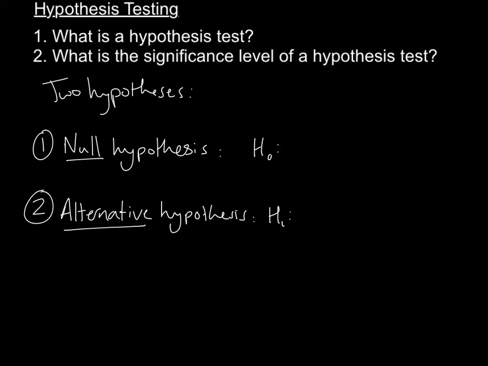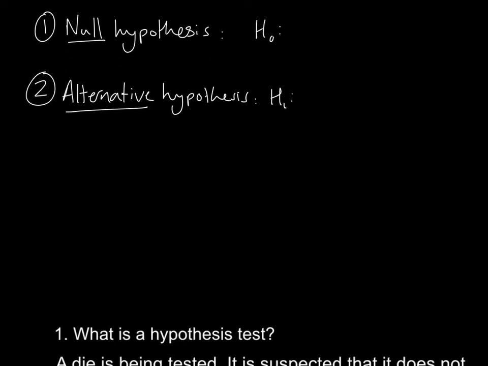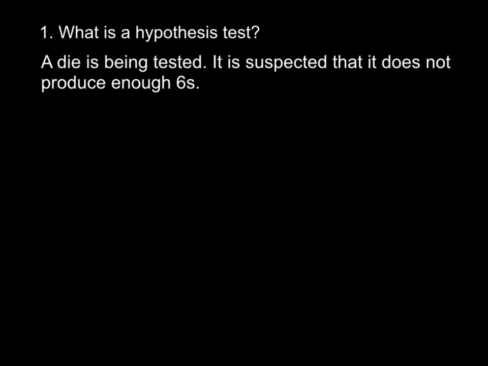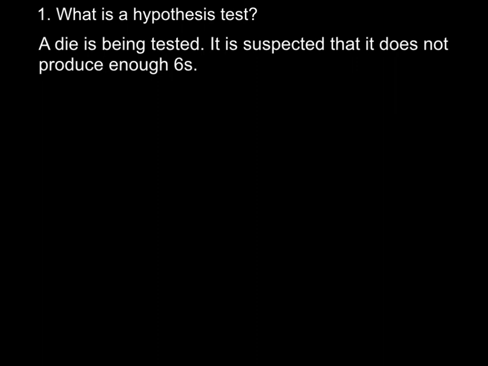Let's try and form some hypotheses in the context of a question. So I've got a question here, or part of a question anyway. It says a die is being tested. It is suspected that it does not produce enough sixes.